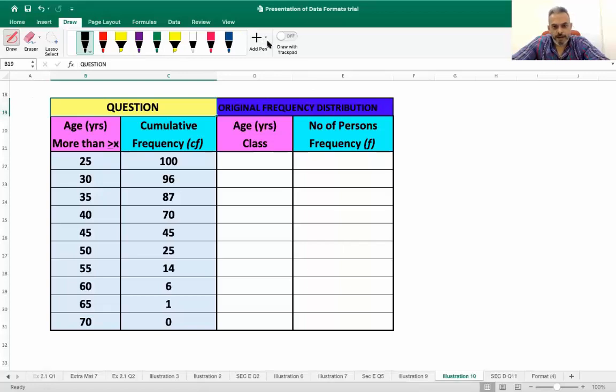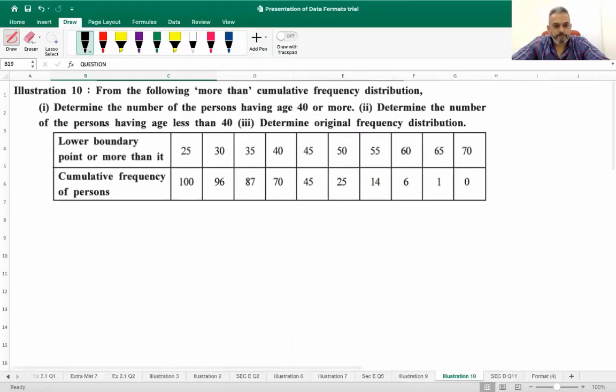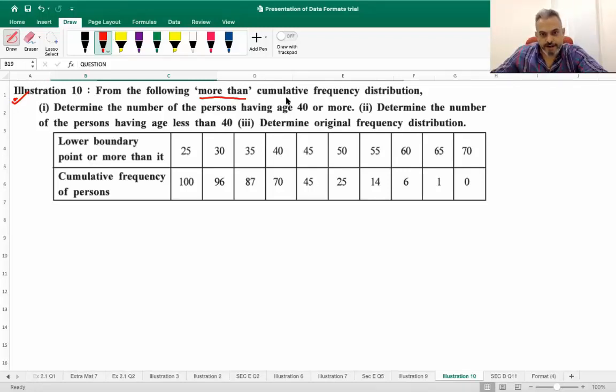Now, illustration number 10. Again, an important one. From the following more than cumulative frequency distribution, determine the number of persons having age 40 or more.